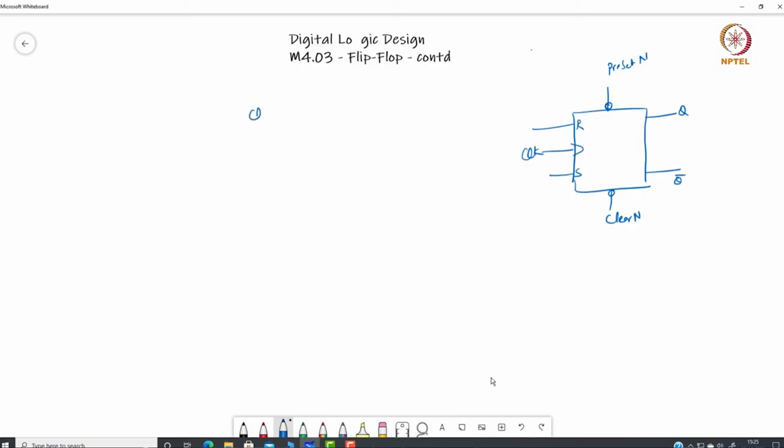Let's write clock, D, preset N, clear N, and this is the value of Q plus. If both of them, being inverted values, are 0, that is not allowed.